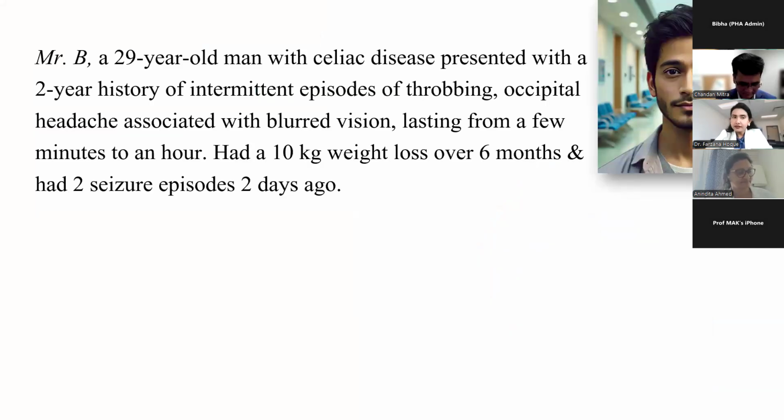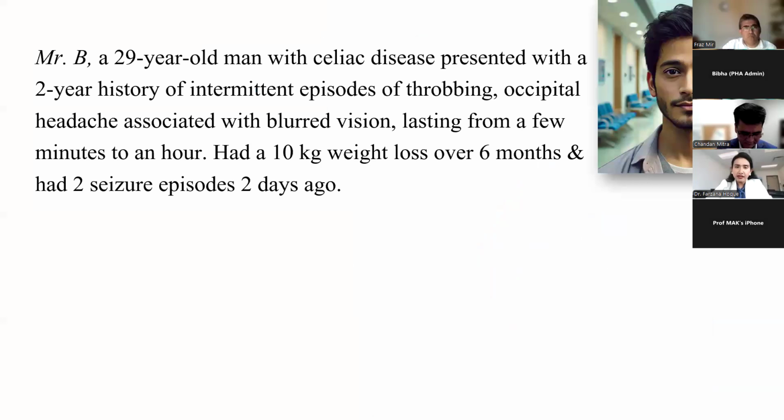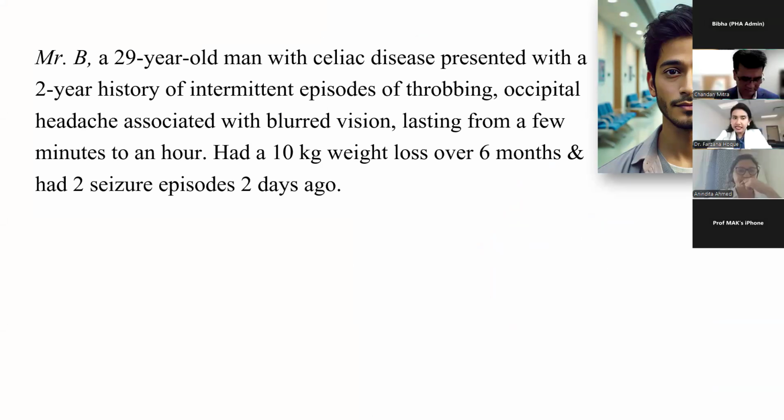This is Mr. B. He is a 29-year-old man with celiac disease, presented with a 2-year history of intermittent episodes of throbbing occipital headache associated with blurred vision lasting a few minutes to an hour.